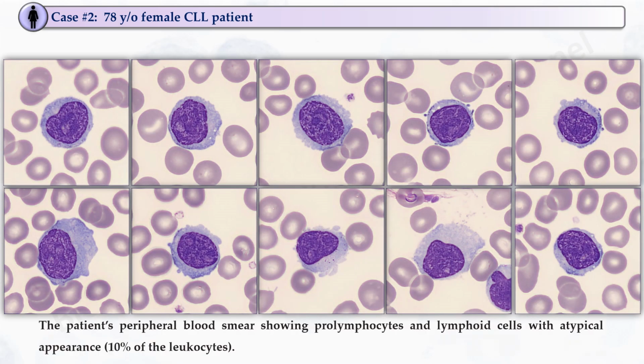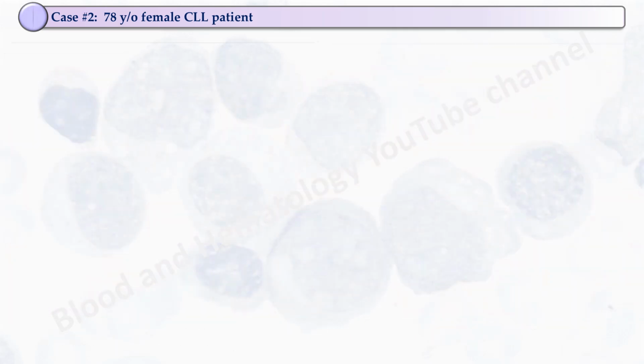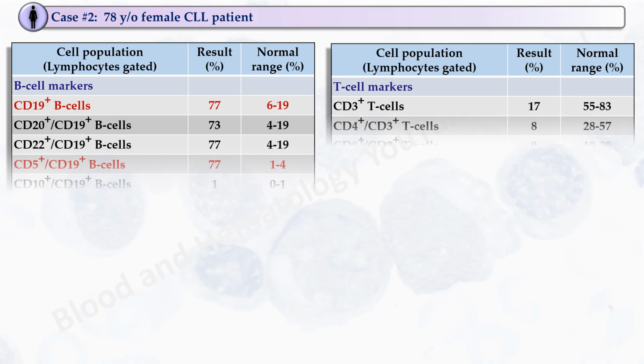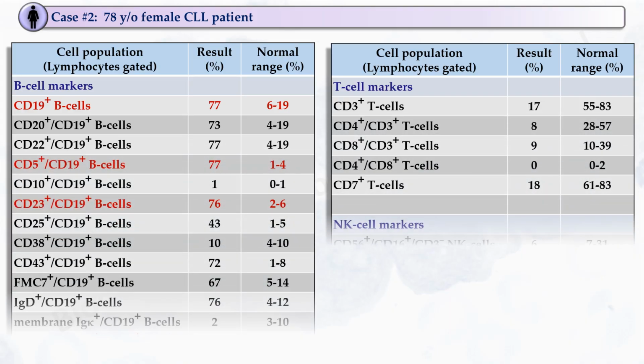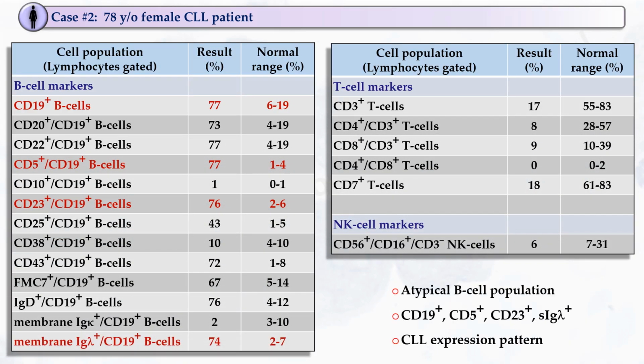The patient's peripheral blood smear showing prolymphocytes and lymphoid cells with atypical appearance. The patient's immunophenotyping profile corresponds to CLL expression pattern.